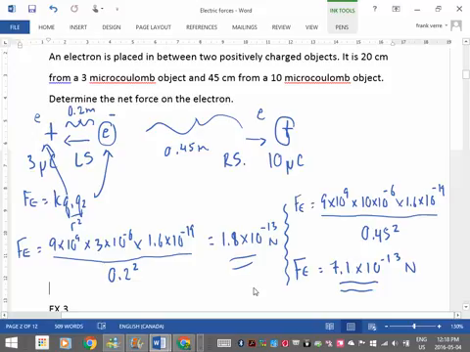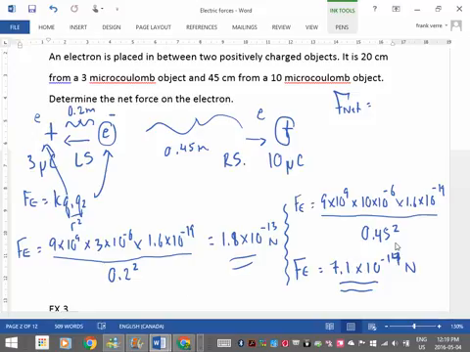The net force would be 7.1 times 10 to the negative 13 minus 1.1 times 10 to the negative 13. So the net force in this case would have to be simply, oh, this is to the negative 14? Okay, so that changes everything. The bigger force of attraction is on the left side, right?